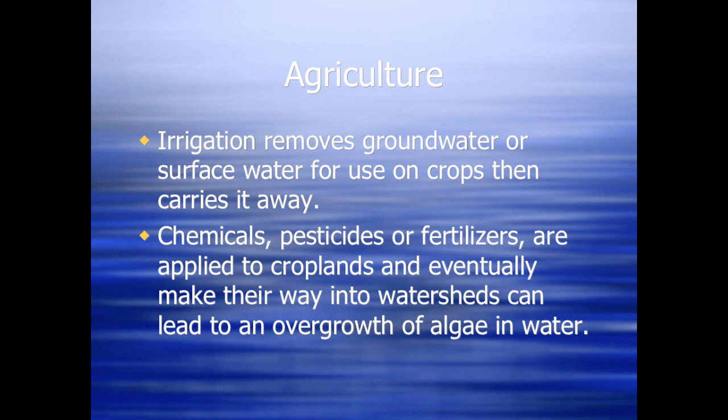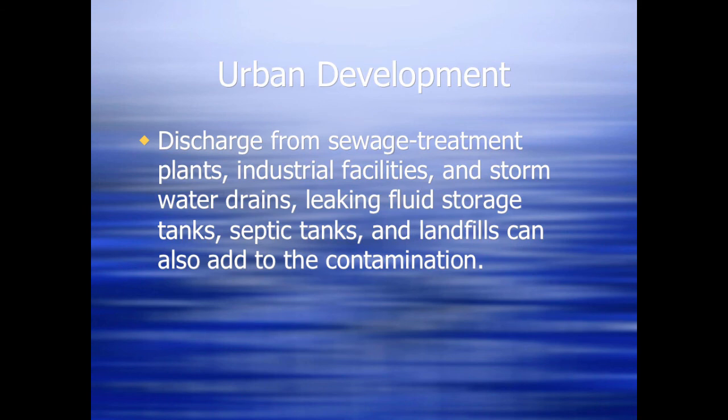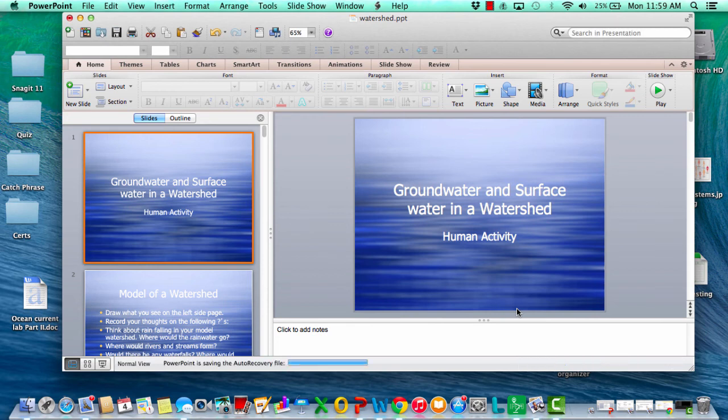The algae will suck up all the oxygen, causing all the fish and plants to die. Urban development, discharge from sewage treatment plants, industrial facilities, storm drains, leaky fluid storage tanks, septic tanks, landfills, all of these can add to contamination.